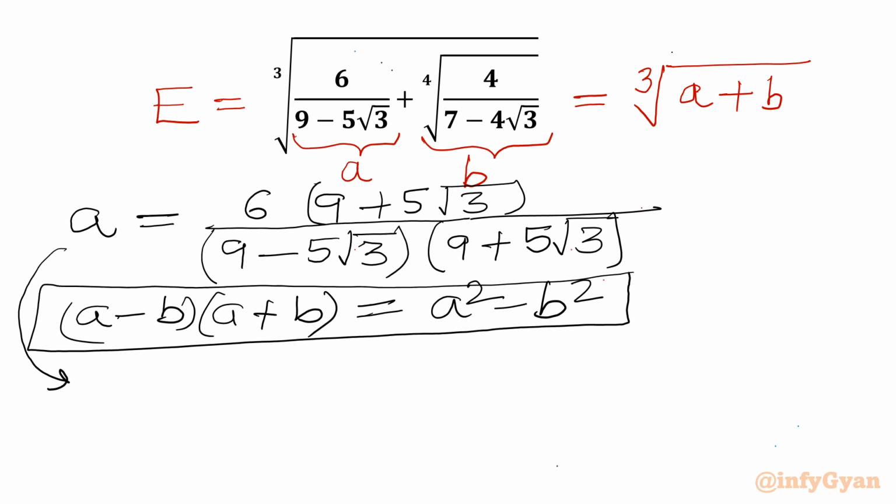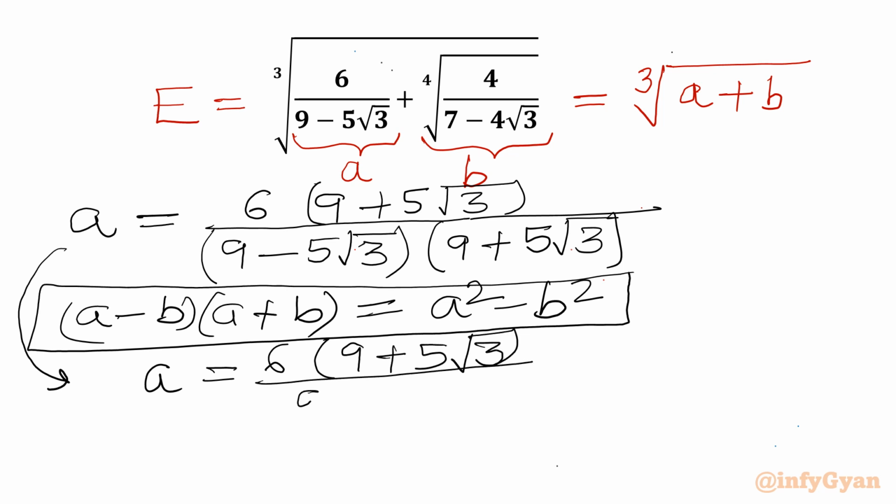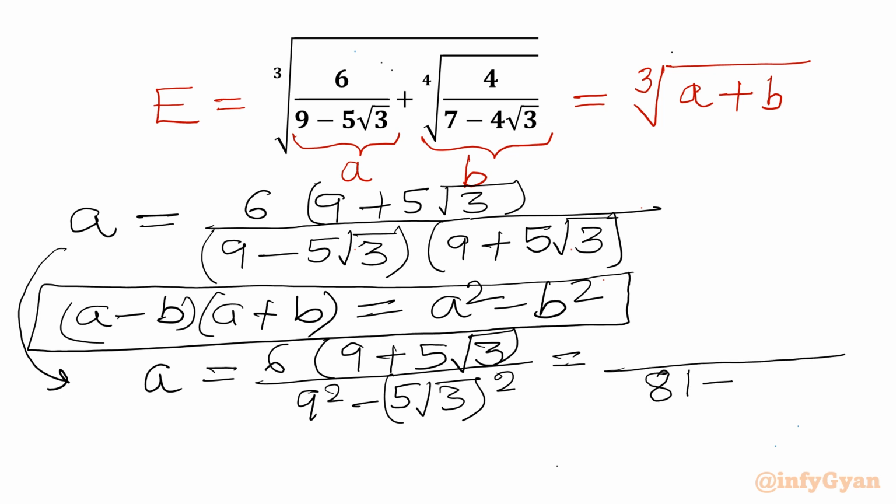So A will become 6 times 9 plus 5 root 3 over 9 square minus 5 root 3 whole square. Now 9 square is 81. 5 root 3 whole square is 25 times 3, 75.